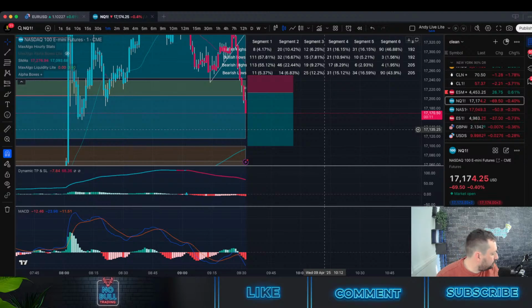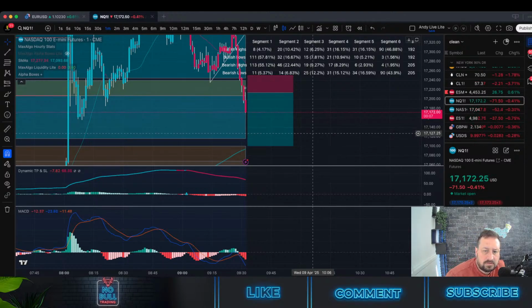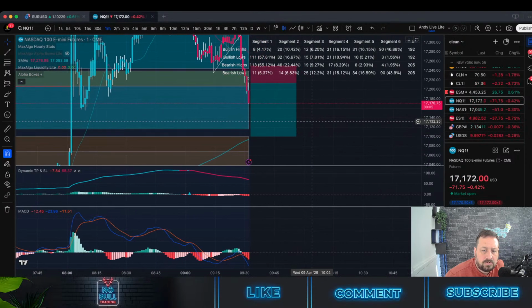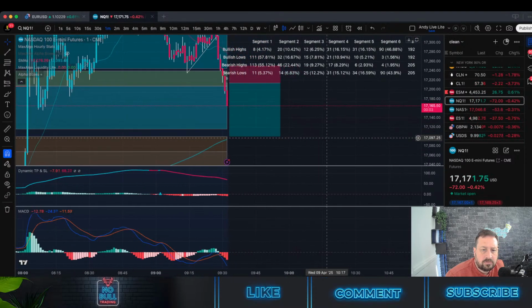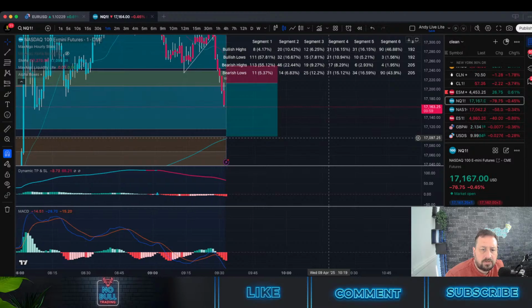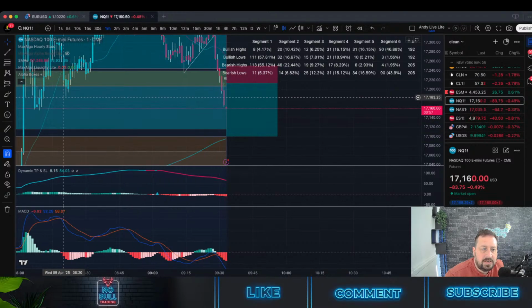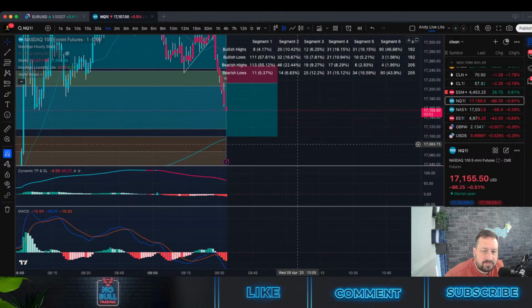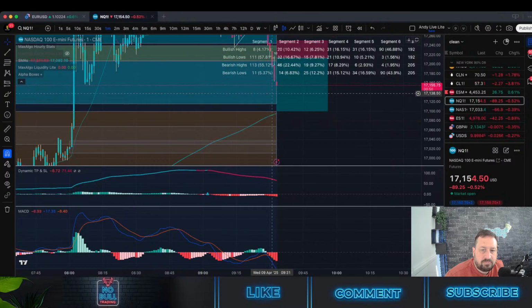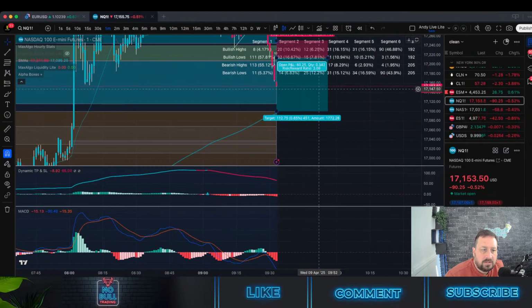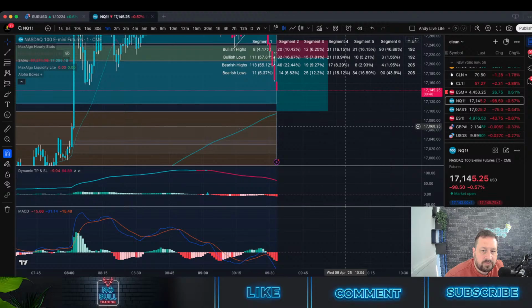There's a nice drop. With these lows going, especially this one, stop should be at break even. And then we've obviously got profits to be taken. Anywhere around these lows, you could take a bit of profit if you wanted.